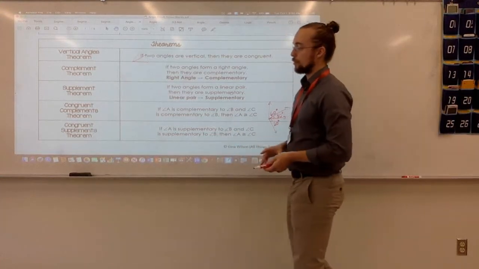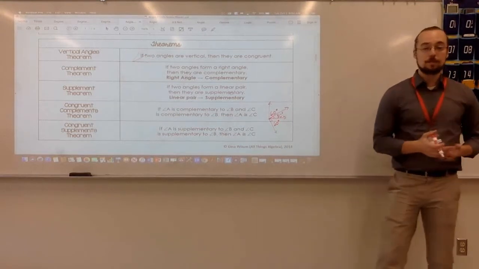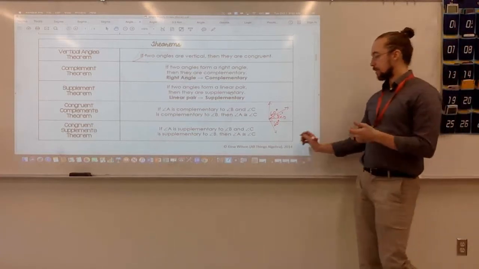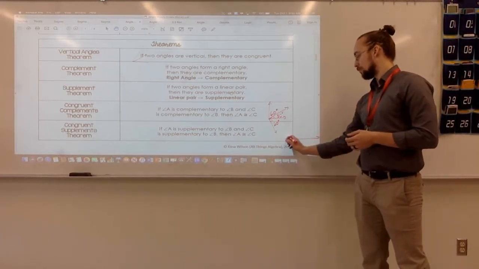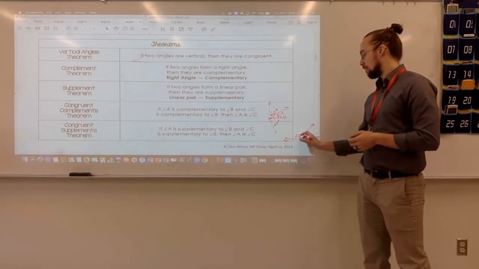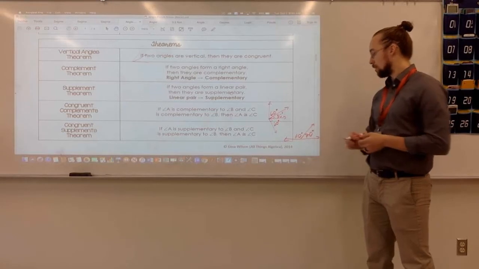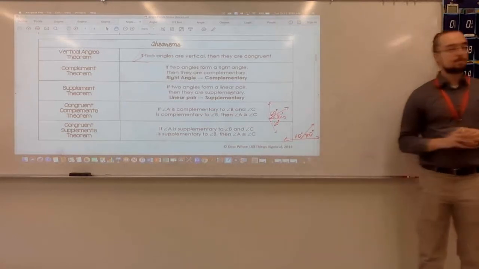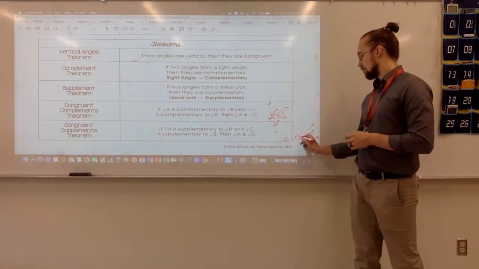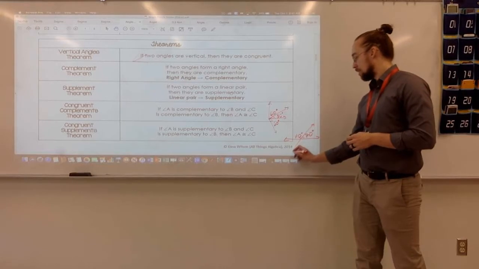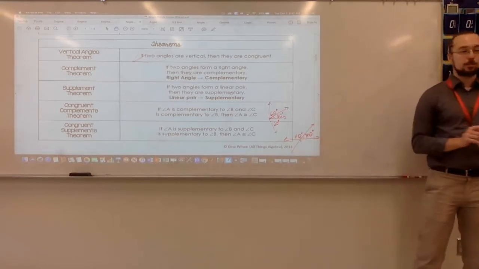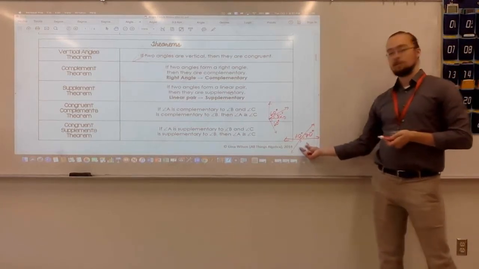Similar idea for the congruent supplements theorem. If two angles are supplementary to the same angle, then they're congruent. Okay? So for example, if we've got two angles, let's say 110 and 70, and let's say this is angle 1, angle 2, if I want some angle 3 to be supplementary to this 70 degree angle, what would its measure have to be?